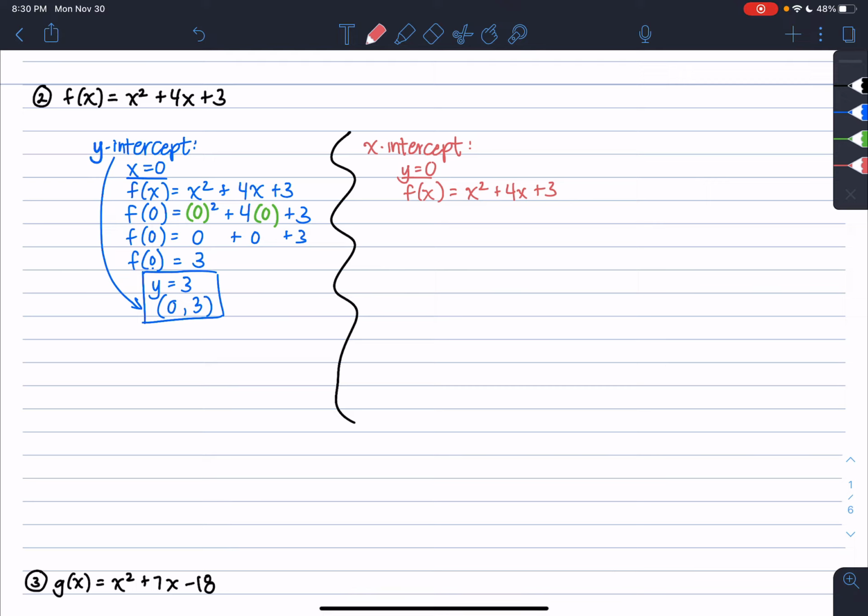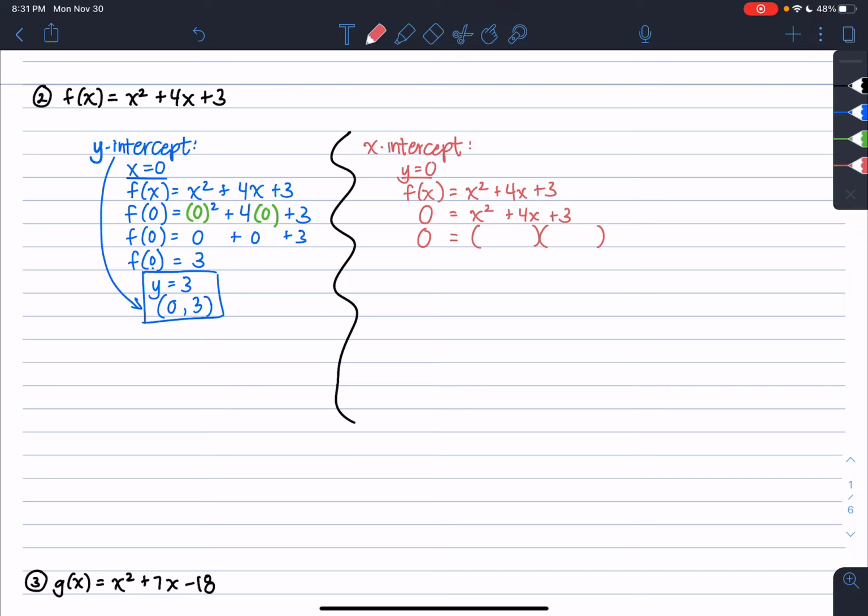And now I'm going to plug in 0 for y. So that just means we're going to replace f of x with 0, and then copy down the right side, we get x squared plus 4x plus 3. All right, so now I'm going to factor this quadratic.